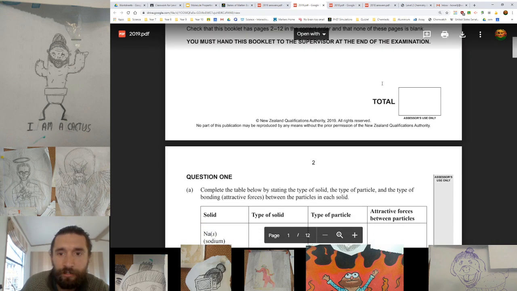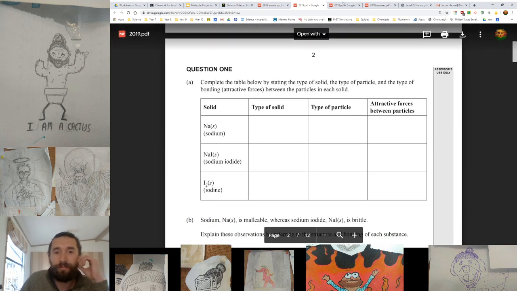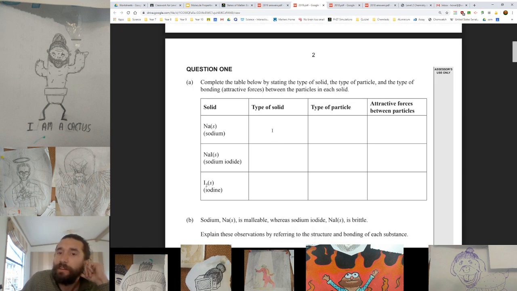Here's an exam question. And we have three substances here: sodium, sodium iodide, and iodine. And you have to say the type of solid. Now we've learned two so far: ionic and molecular. So which one's ionic?